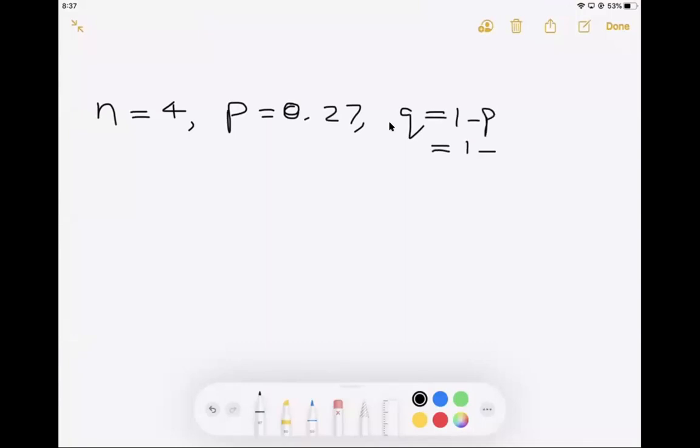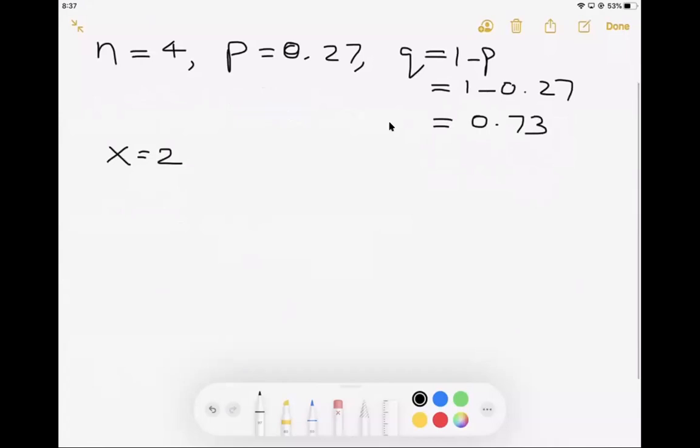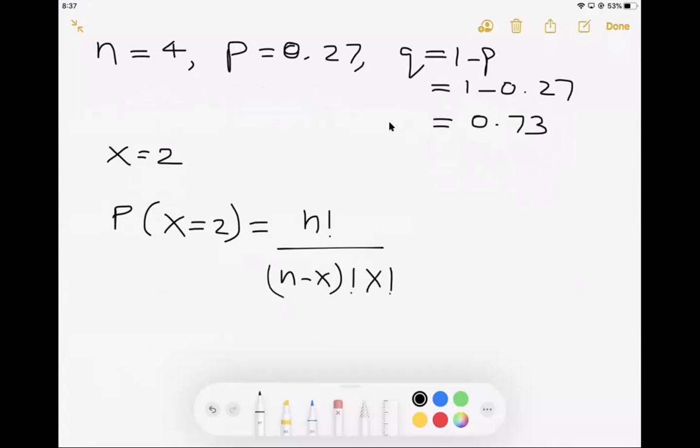So 1 minus 0.27, so 0.73. Then last one, what is x? Exactly 2. So that is 2. The next thing, we have to find probability of x equals 2. So first thing, write the binomial probability formula.